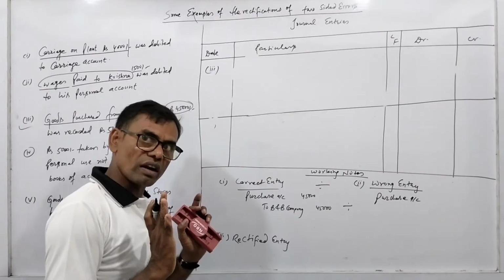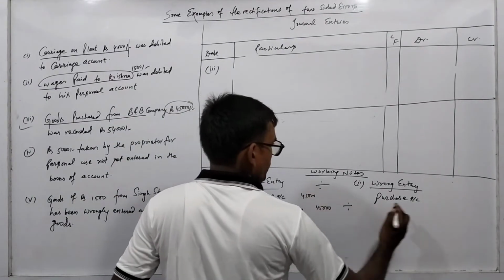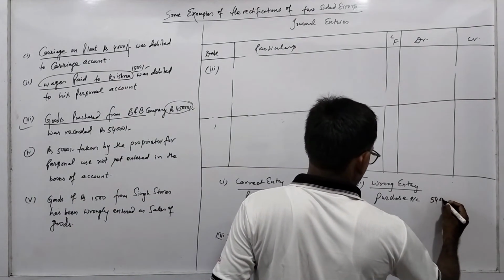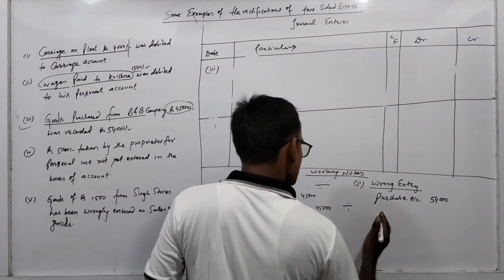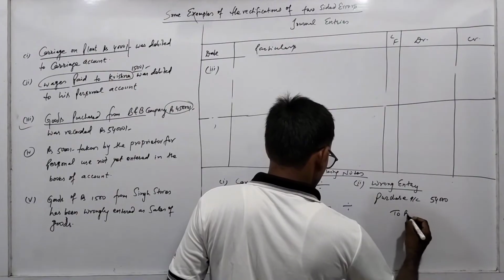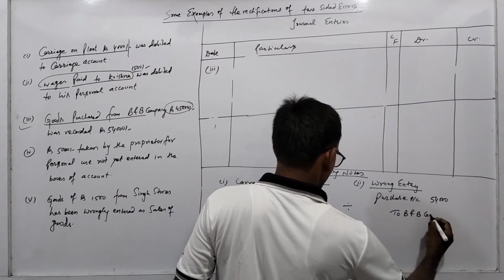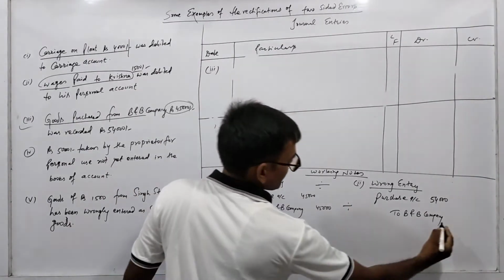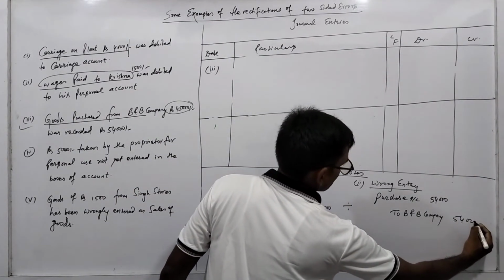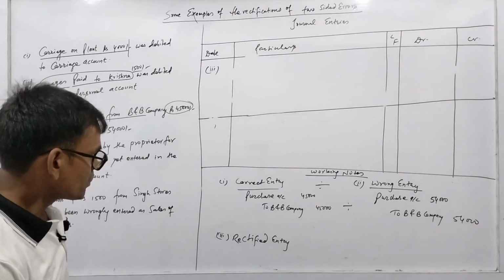Purchase account is already debit, but in place of 45,000 he has written 54,000, and to B and B company is already credit, but in place of 45,000 he has written 54,000, no doubt.